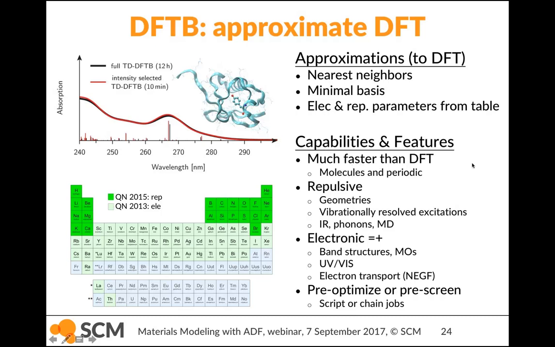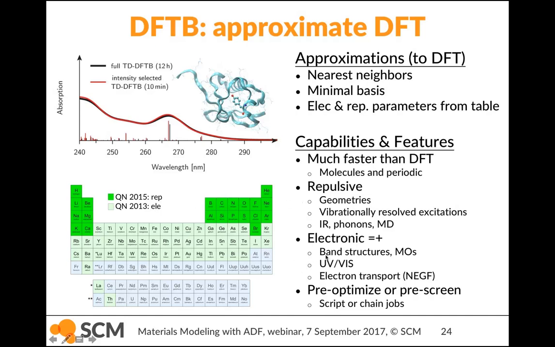So with that, it's much faster than DFT, but also since you need these parameters, you cannot always calculate it for all the systems of interest. So if you're interested in doing geometry optimization, properties such as vibrations, vibrationally resolved excitation, so Franck-Condon factors, phonons, and so on, at the moment, only the elements in dark green can be calculated with this so-called QuasiNano set.